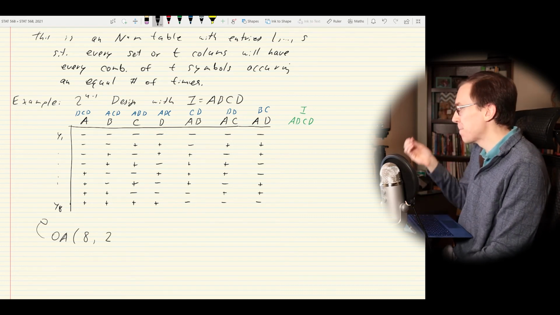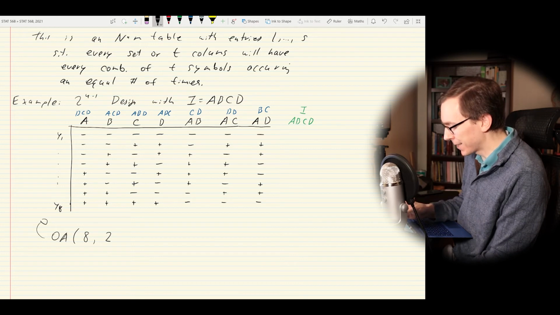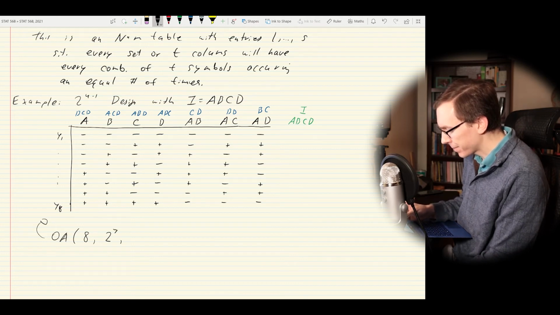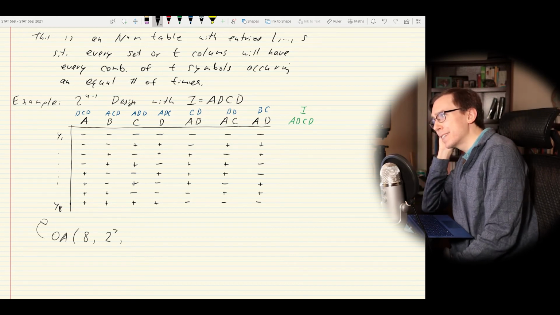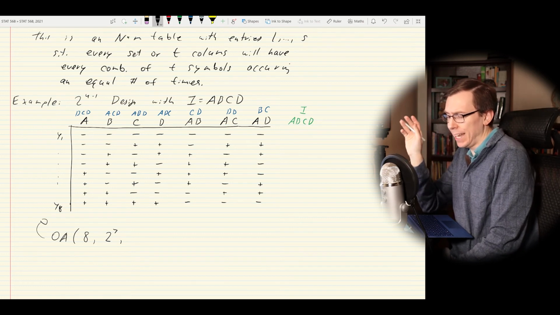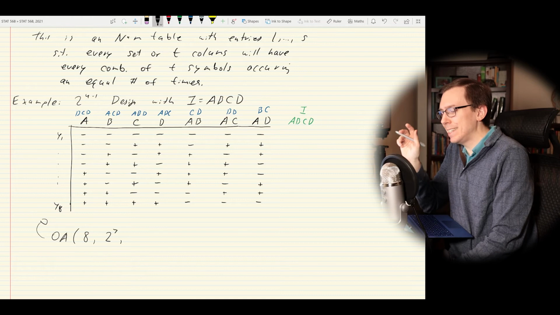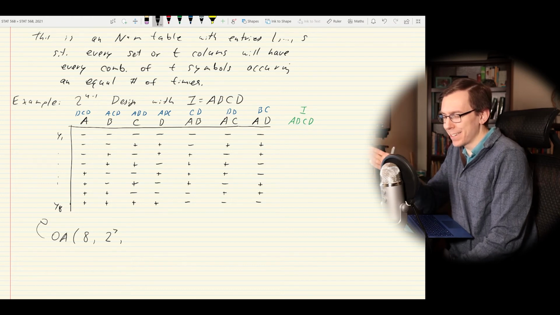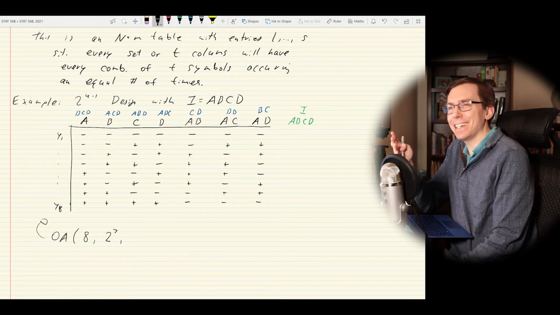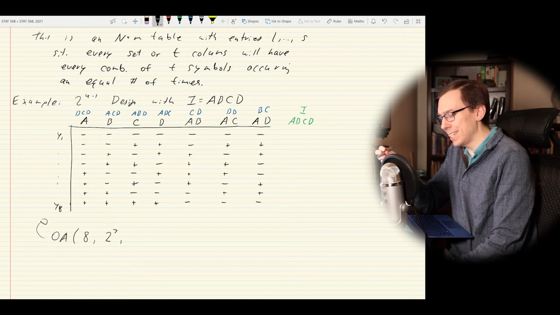I have 7 different columns. And then the question is, what is the strength of this? Again, the strength says that for any collection of t columns, I should see every possible symbol combination repeated an equal number of times.